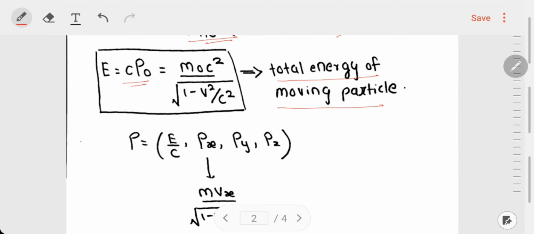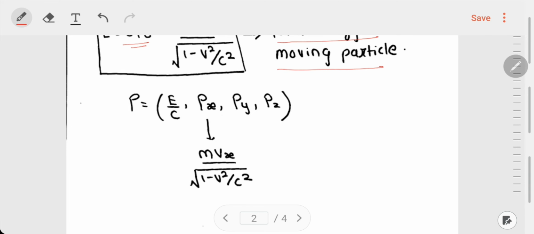This is nothing but our energy momentum 4 vector, where the zeroth component is E by c, because we multiplied the zeroth component by c to get energy. The further three components are nothing but the normal spatial momentum, when v is very much less than c.